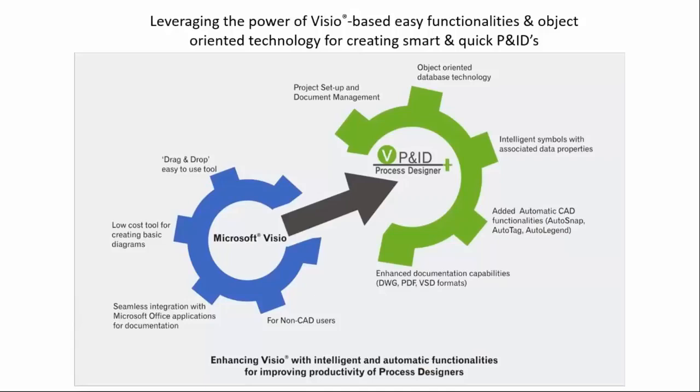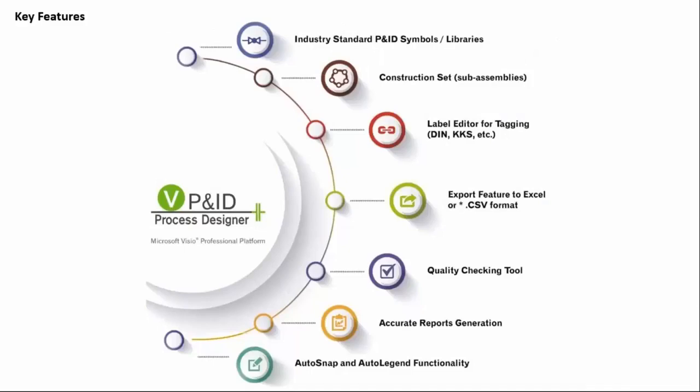It has built-in document and revision management. It has easy to use drag and drop facility, which you can use as a base platform from Microsoft Visio, auto tagging facility, and powerful report generation capabilities. Here are a few of the key features of the solution which we are going to see in the demonstration now.